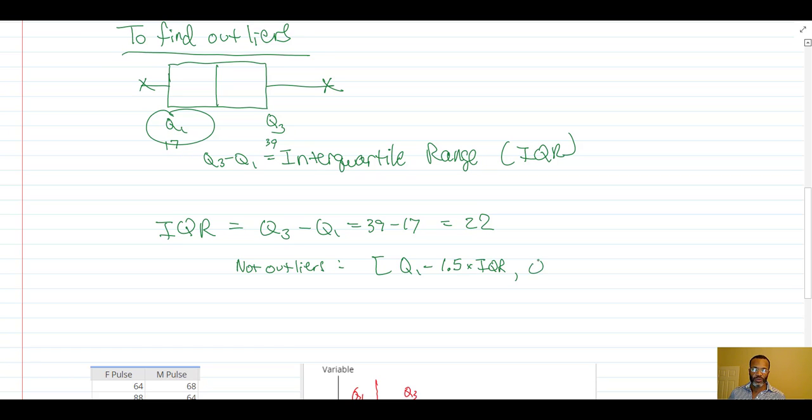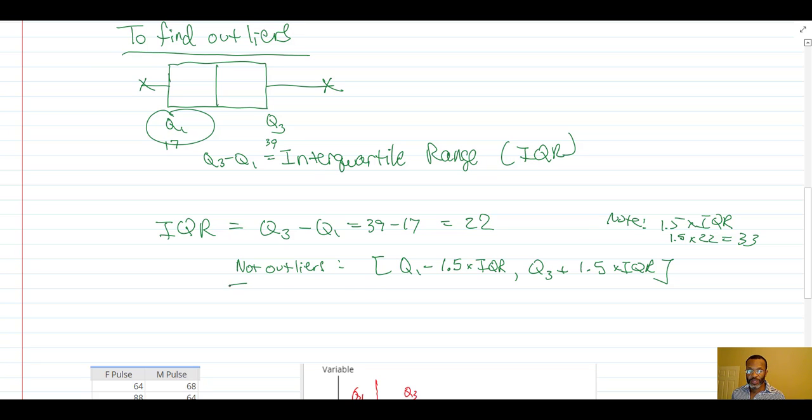And then the reach out on the right side is Q3 plus 1.5 times the IQR. Now the IQR is 22. So 1.5 times the IQR is going to be 1.5 times 22. So basically I'm going to add half. You can multiply that out, but it's really just taking half of 22 and adding it to itself. So that's 22 plus 11, or 33.